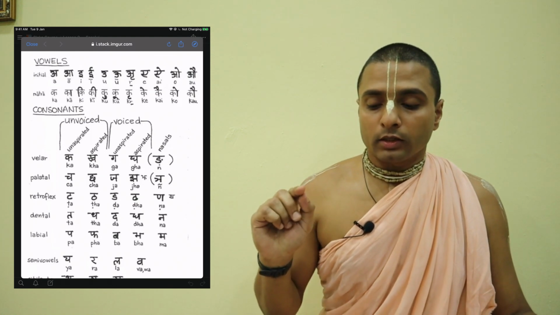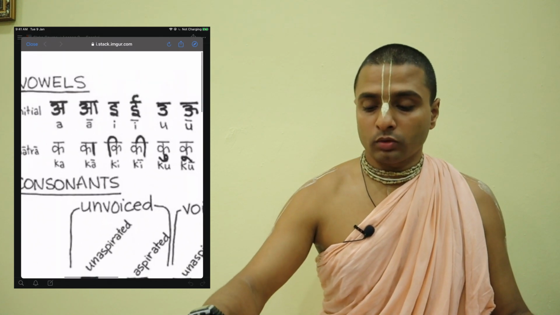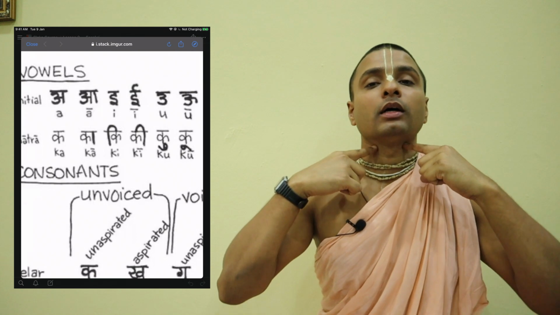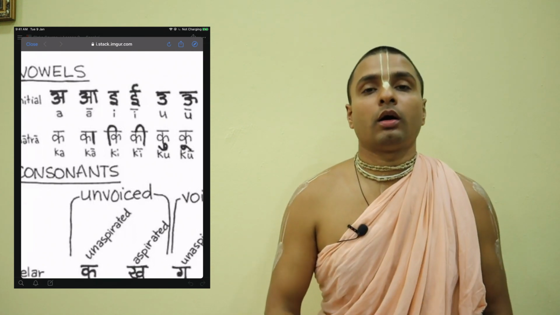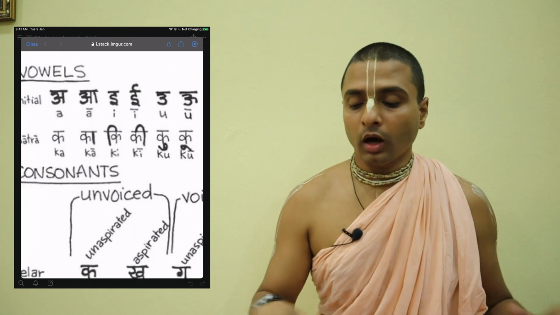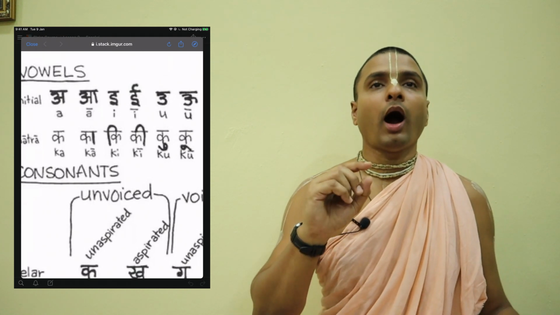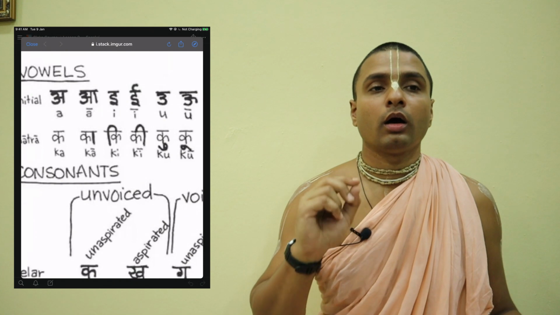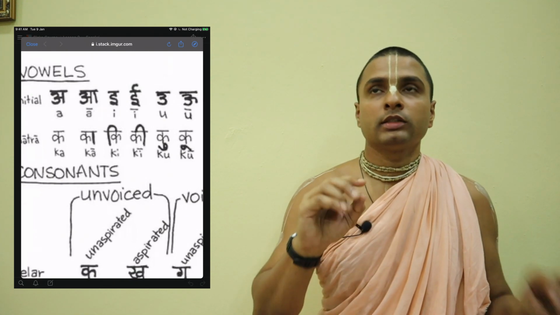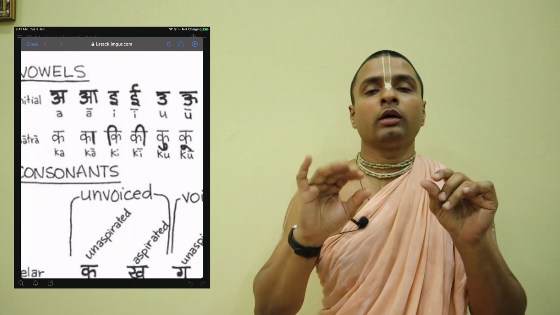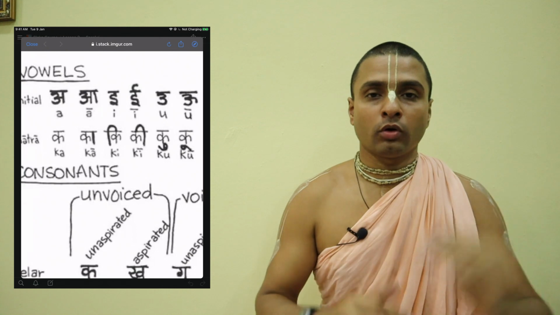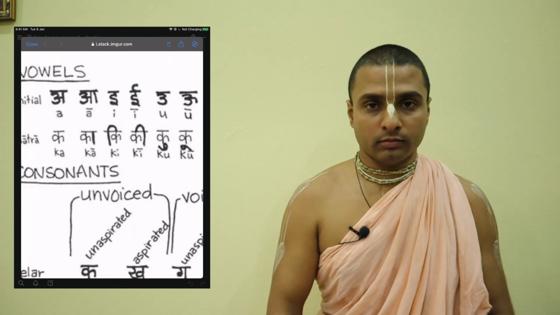So it starts with A. Now let us try to understand where this A is coming from. It's coming from right there at the throat. A. Then A. Then A. So A is just opening the mouth a little wider, and for a longer time.